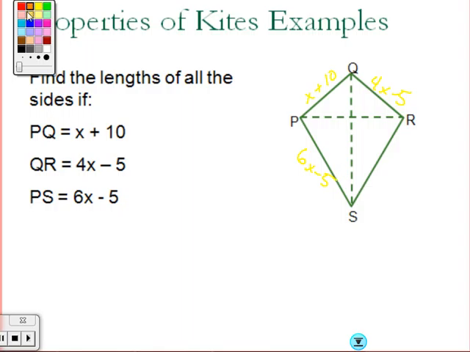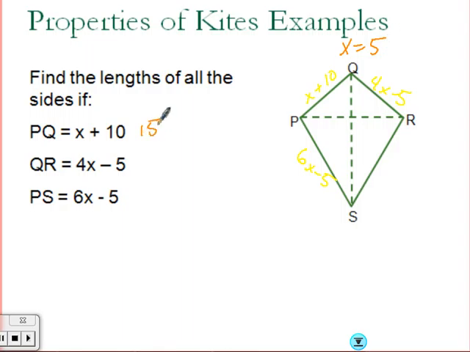So x equals 5. So PQ is equal to 15. QR is equal to 15. And PS, 6 times 5 is 30, minus 5 is 25. And obviously, just for fun, RS is also equal to 25. Okay?